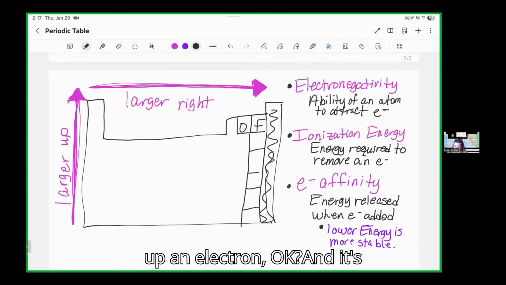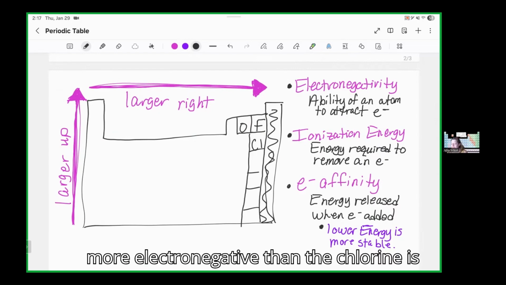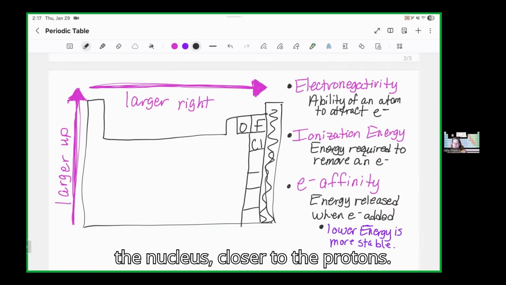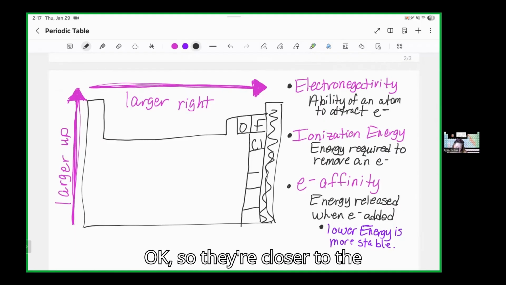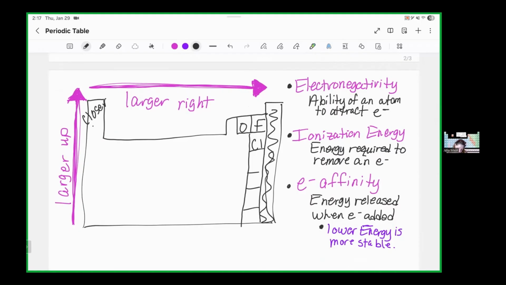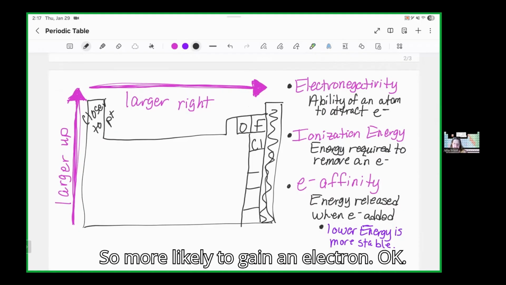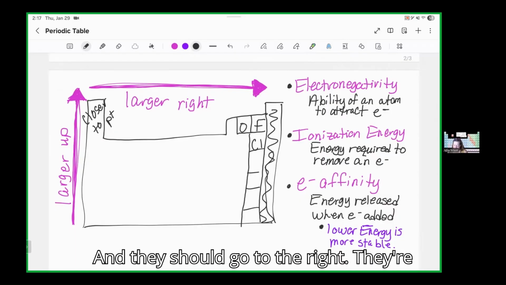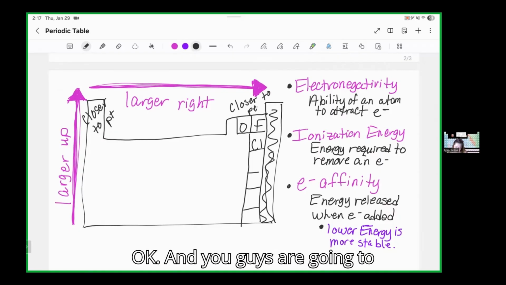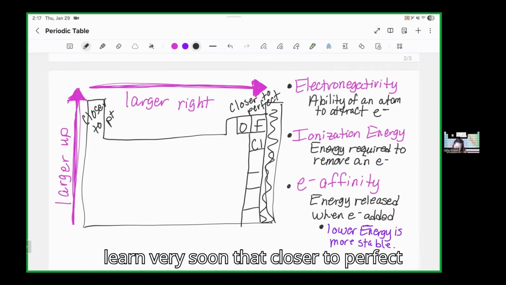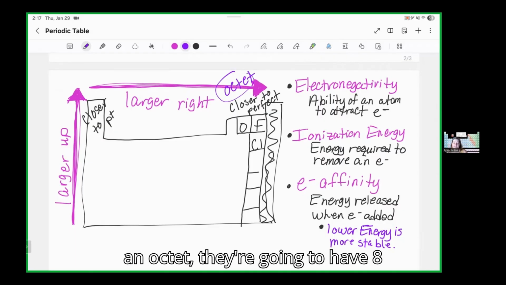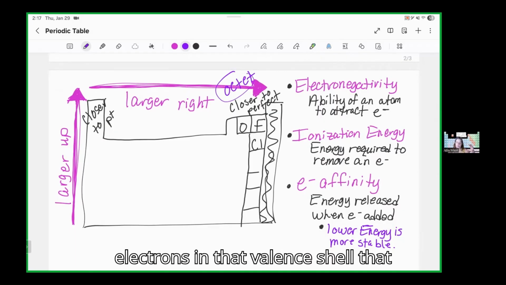Fluorine is more electronegative than chlorine because those electrons are closer to the nucleus, closer to the protons, so more likely to gain an electron. And as you go to the right, they're closer to perfect. You're going to learn very soon that closer to perfect means they are going to have an octet, 8 electrons in that valence shell, that outside orbital.